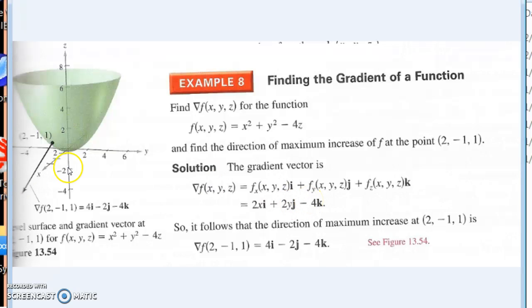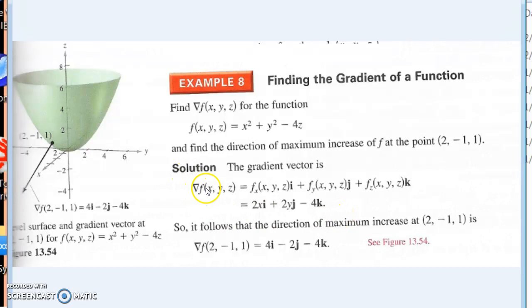So if you want a normal vector pointing out of the surface, normal means perpendicular to the tangent plane, or perpendicular in general, then all you have to do is find out what the coordinate of that point is, 2, negative 1, and 1, and substitute into here 2 whenever you see an x, negative 1 whenever you see a y, and 1 if there's a z appearing right here.